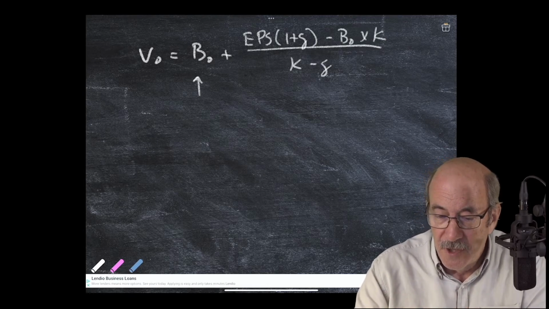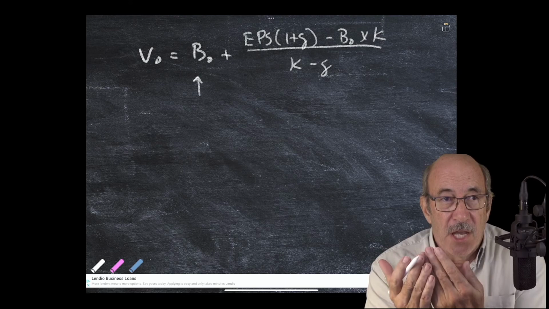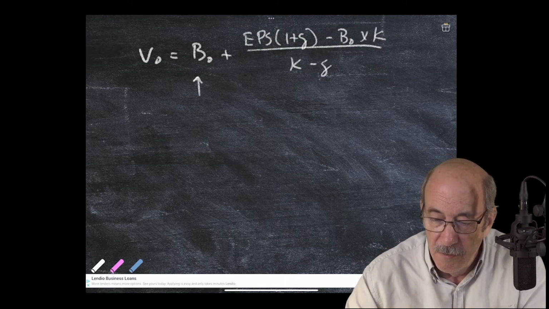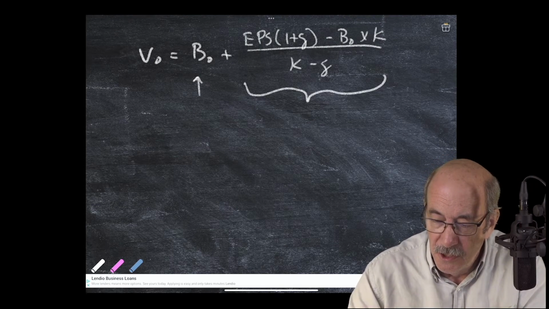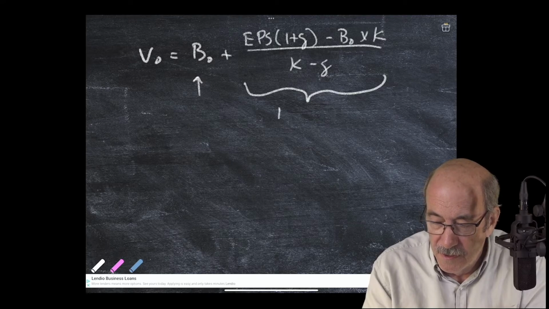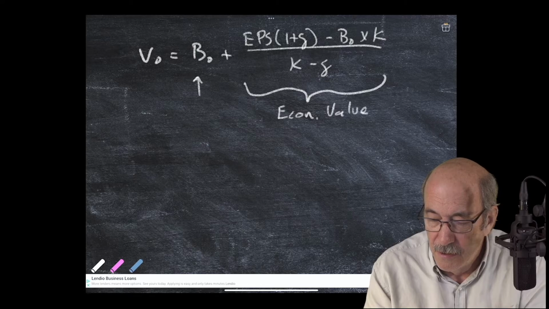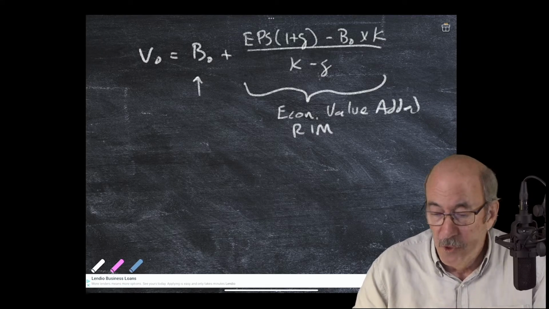That's looking at what we have today, and this fraction here is the economic value added, aka residual income model, RIM.